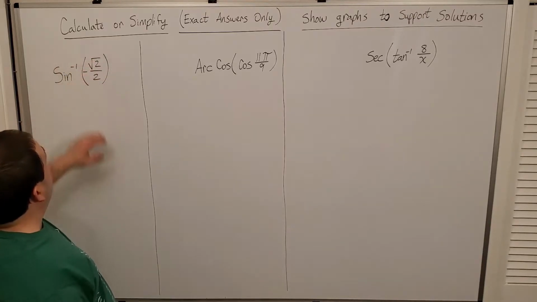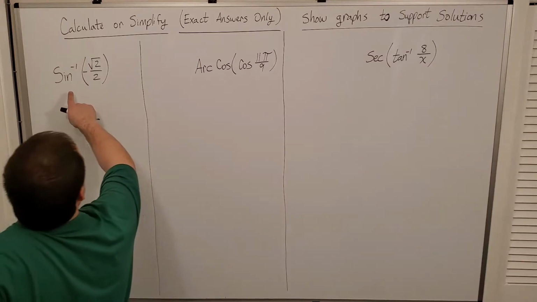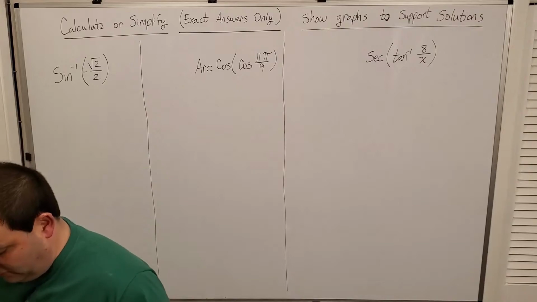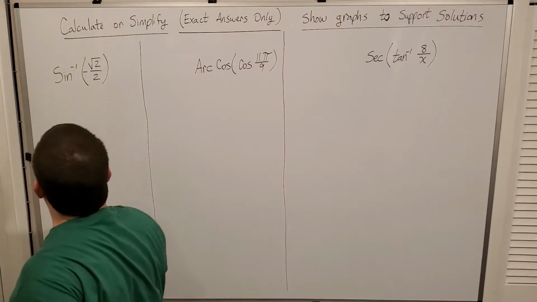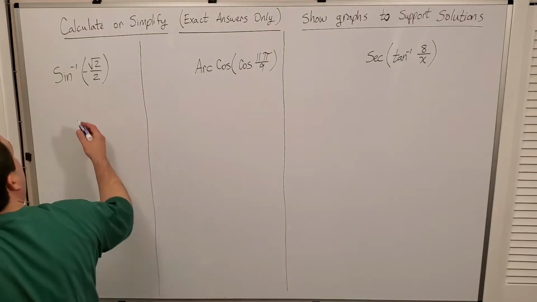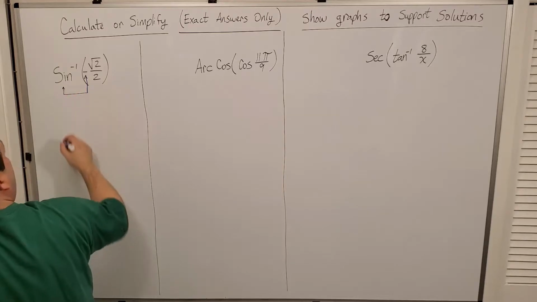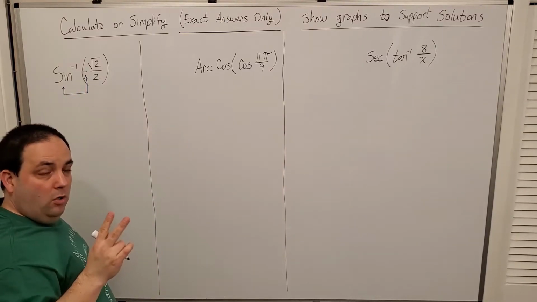Okay, so right here, notice that this is asking for a couple of pieces of information that you need to notice. The first is that this is an inverse sine associated with a negative. And remember, inverse sine is defined for two quadrants only by default.